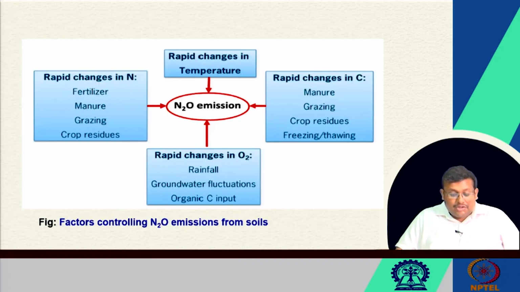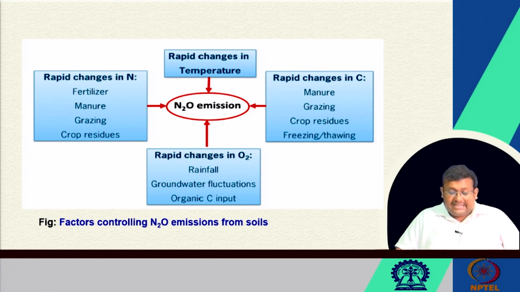Okay. So, the nitrous oxide emissions are generally governed by 4 major factors: rapid changes in temperature, carbon, oxygen, and nitrogen. Rapid changes in carbon, like addition of manure, grazing, addition of crop residues, freezing, and thawing, will impact the nitrous oxide emission.